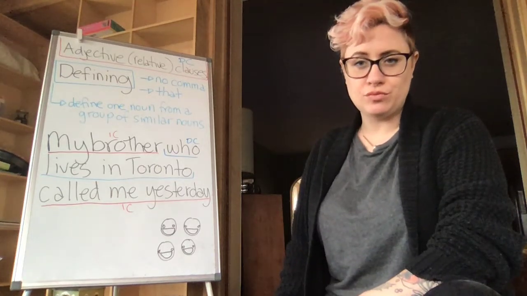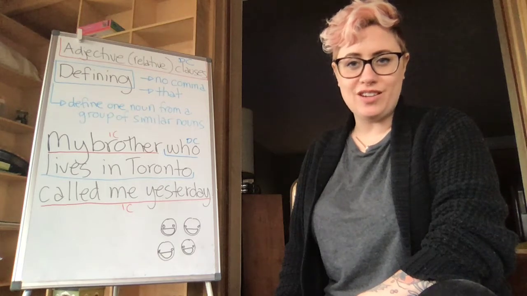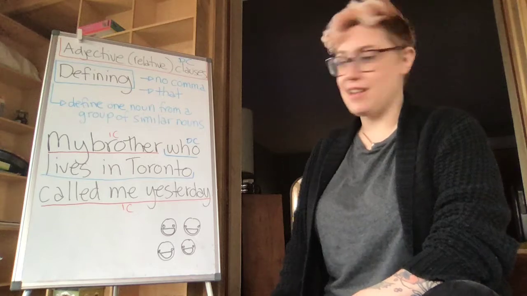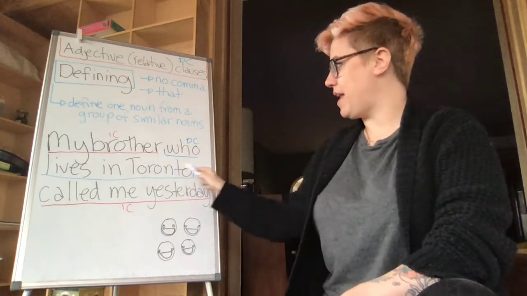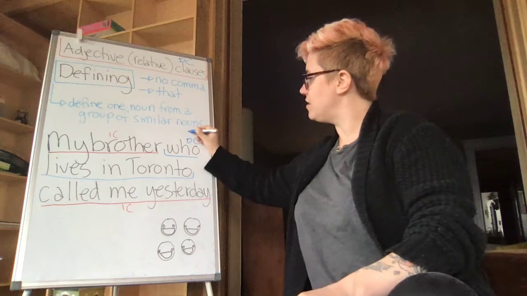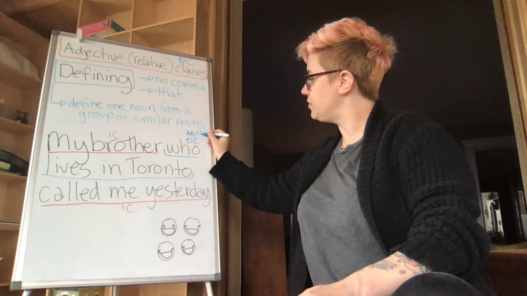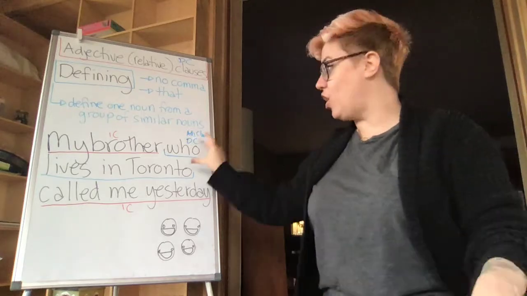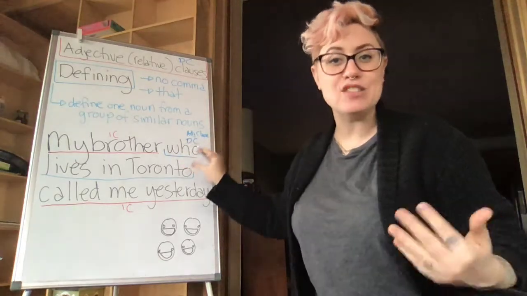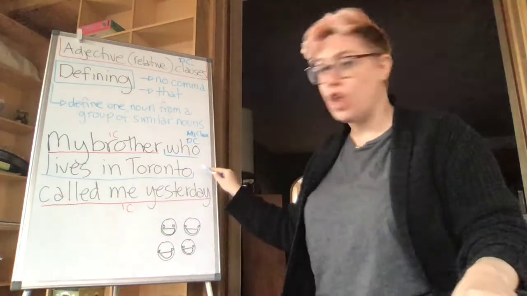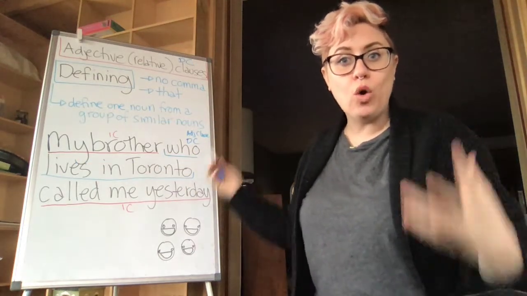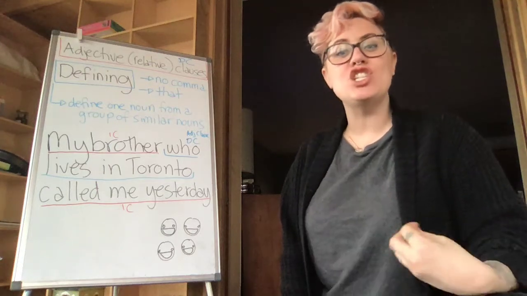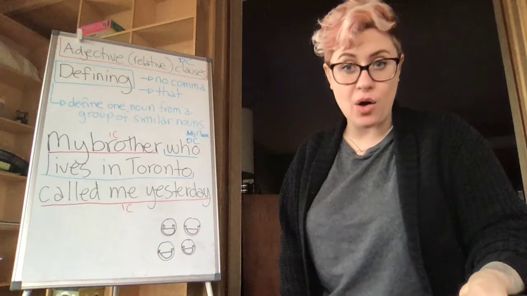So, are you with me so far? Okay. Let's take a look at this sentence, which is a mix of an independent clause and a dependent clause. And this dependent clause is called an adjective clause. Now, the reason it is called an adjective clause, because guess what? This whole clause works like an adjective in the sentence, in that it describes the noun.